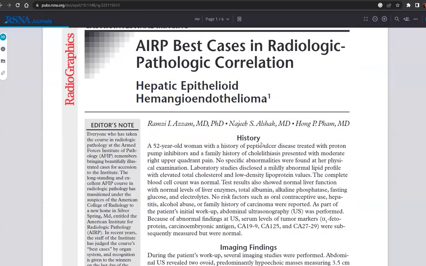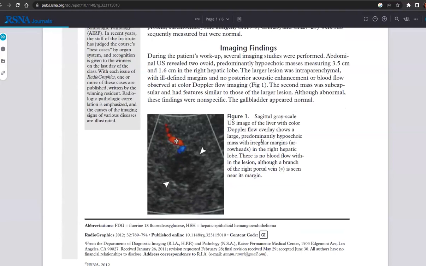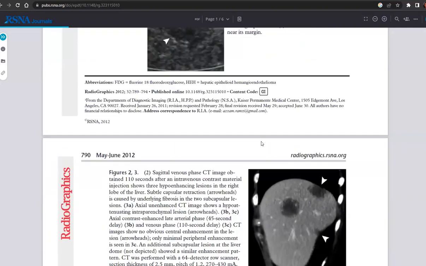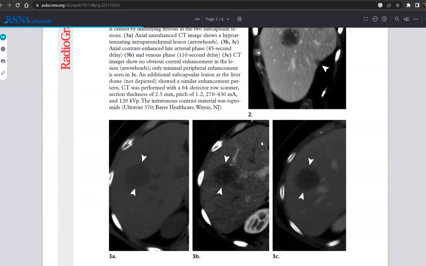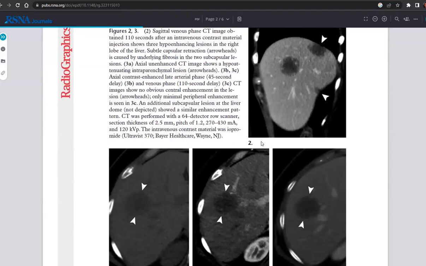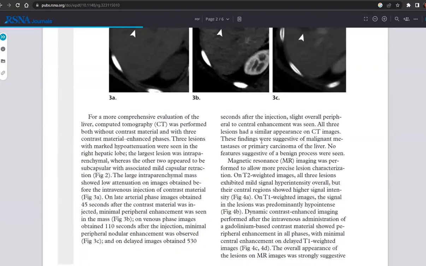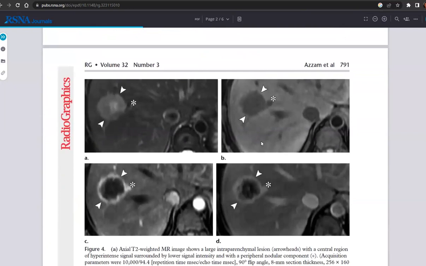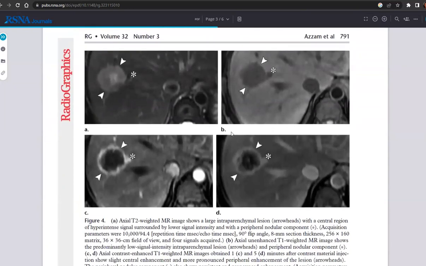So these are AIRP cases from RadioGraphics and some of the features that we can see with it. This was MR. They're in a subcapsular location and usually multiple. You can see there's a T2 halo, like you had already mentioned.